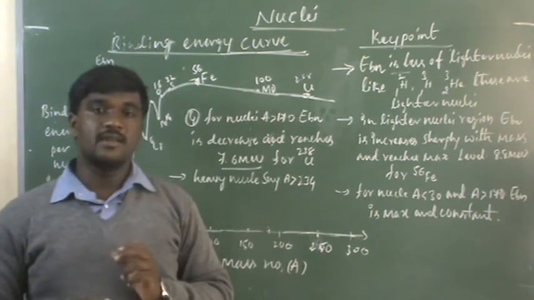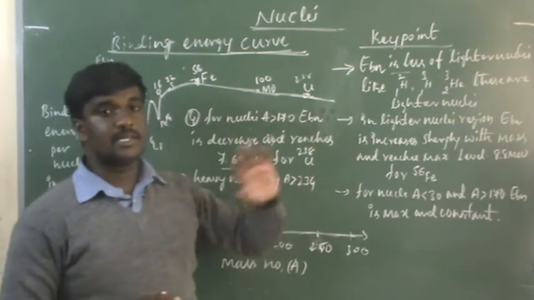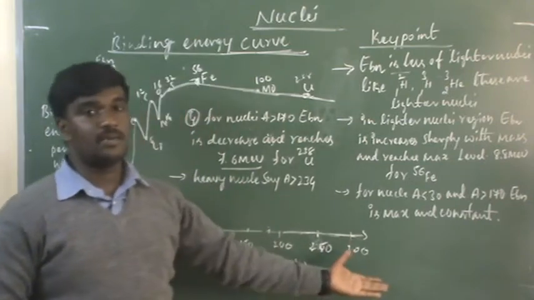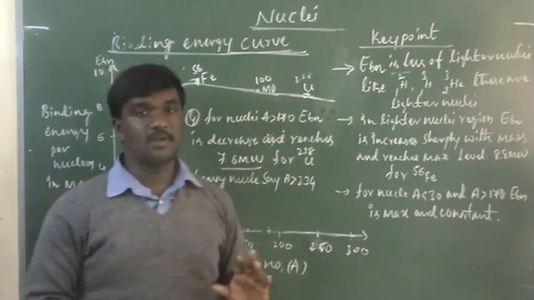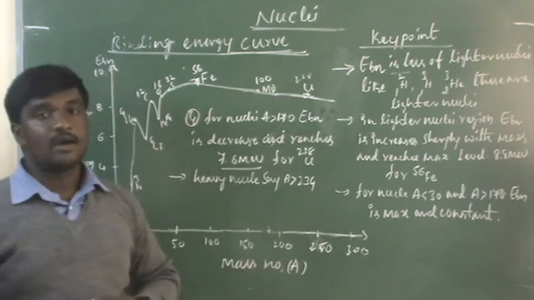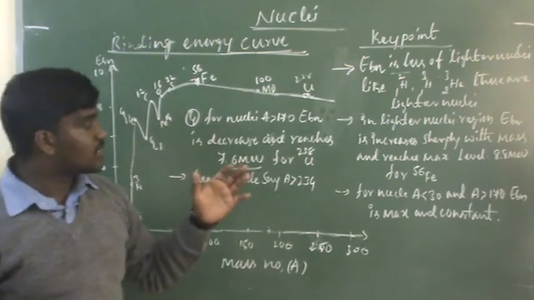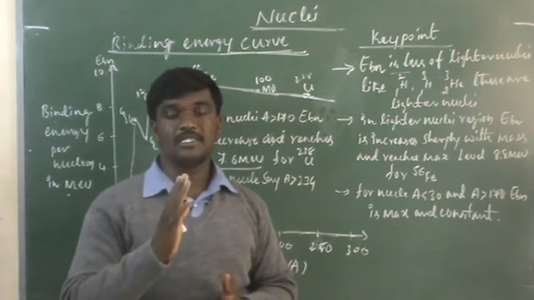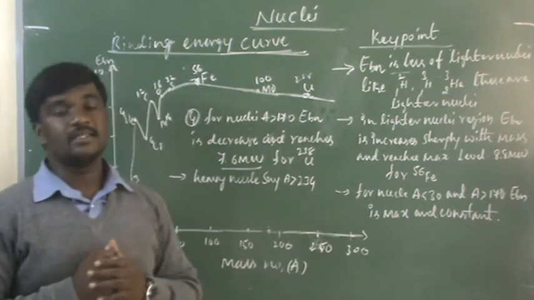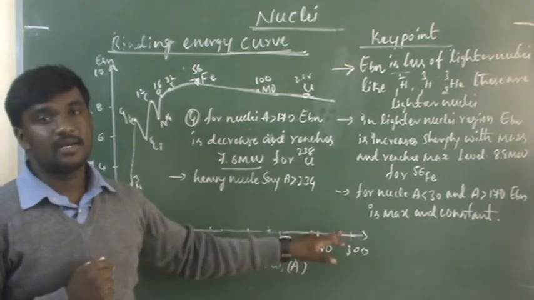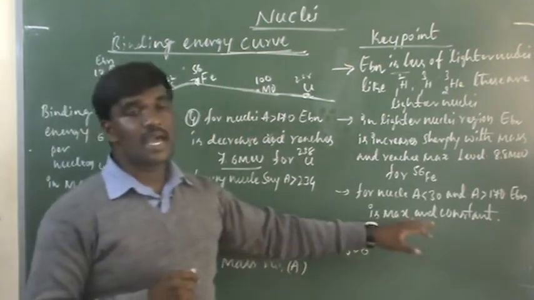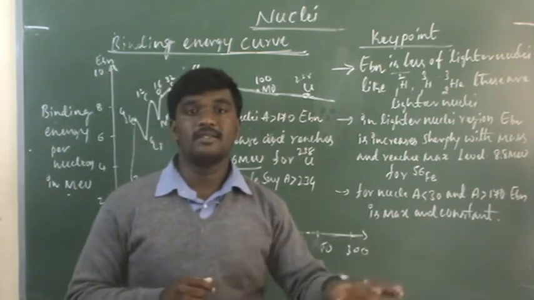In the lighter nuclear region, nuclear binding energy sharply increases with the mass number and reaches a maximum level, that is iron-56. Okay. Next, third point, for nuclei whose mass number is greater than 30 and less than 170, it reaches the maximum level and is also constant.